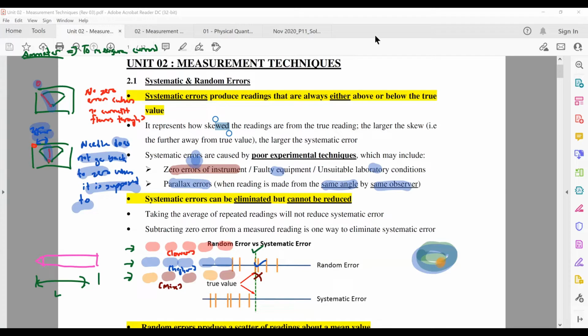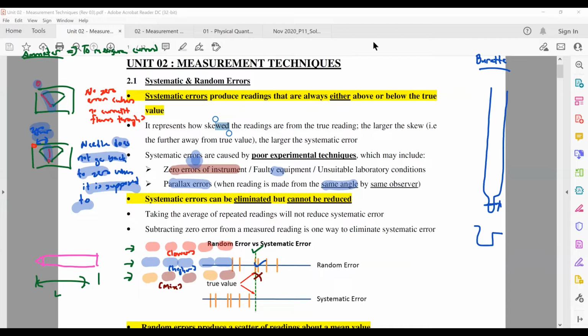What do I mean by that? If you consider when you are doing a titration experiment in your chemistry lab, you would probably have used a burette before. The burette looks something like this. And then you have something at the bottom here to collect your liquid.